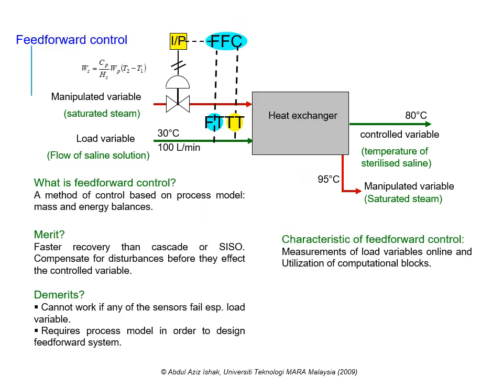Now we learn about the other type of control system, which is the feed-forward controller. Basically, the mathematical equation in the feed-forward controller is developed based on the process model. So we need to identify the mass and energy balance of the process prior to designing the control system or the mathematical model in the controller.